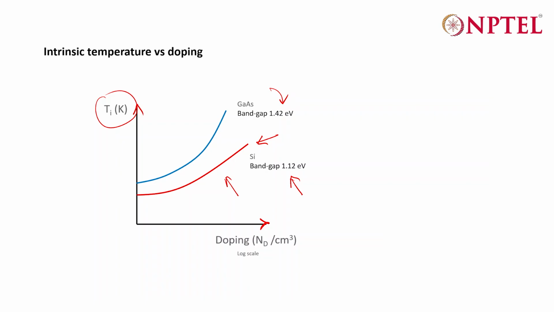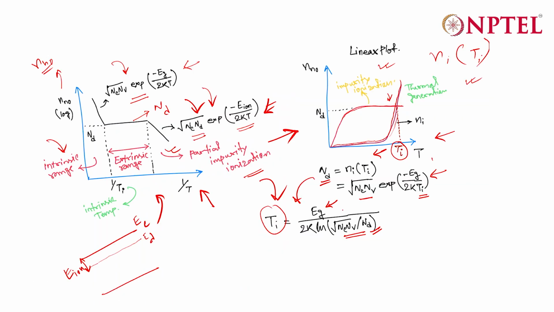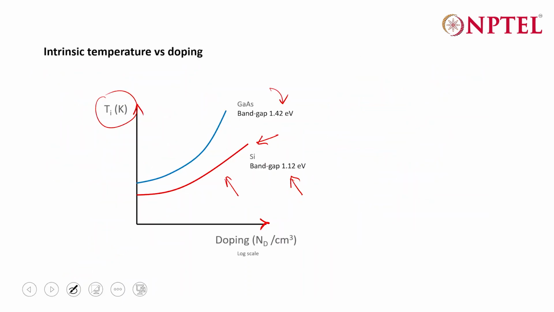In the expression itself, you'll find that it's a function of band gap energy. The higher the band gap energy, the higher the intrinsic temperature. So this is how the trend looks.